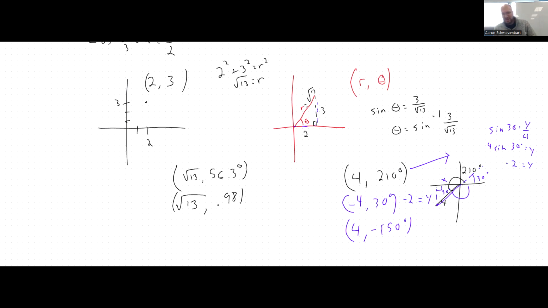My x-coordinate I find with the cosine. And I get negative 3 point, ends up actually being 2 square root of 3 if we get an exact.